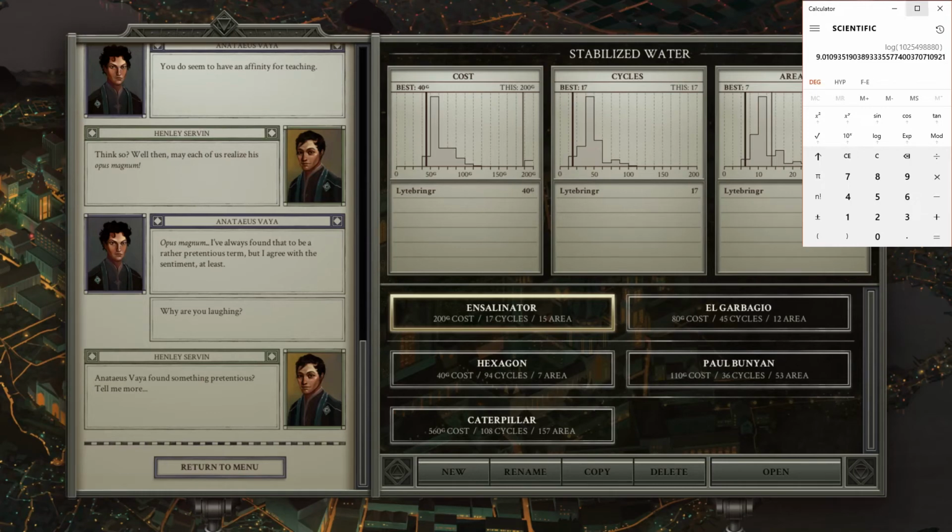Because if we did not double the cycles, we would have 200 times 17 times 15, 51,000 for the Insalinator versus 40 times 94 times 7. This is trying to say that the hexagon is twice as good as the Insalinator. And I'm sorry, it just isn't.